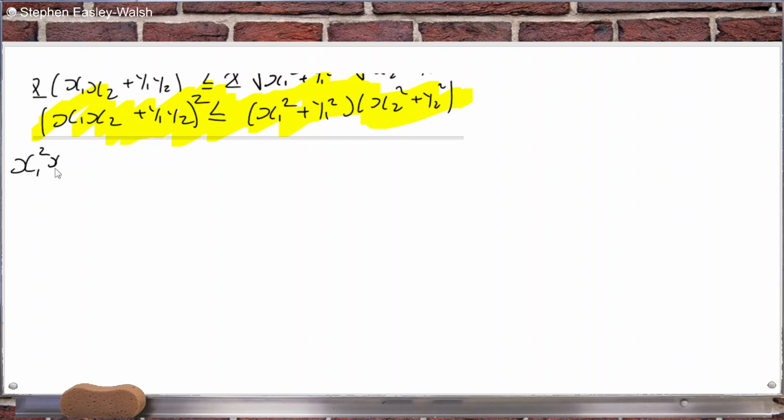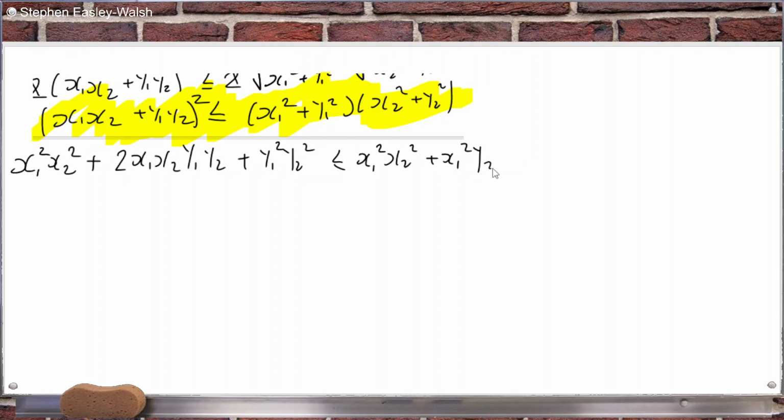X1 squared X2 squared plus 2 X1 X2 Y1 Y2 plus Y1 squared Y2 squared less than or equal to X1 squared X2 squared plus X1 squared Y2 squared plus X2 squared Y1 squared plus Y1 squared Y2 squared.